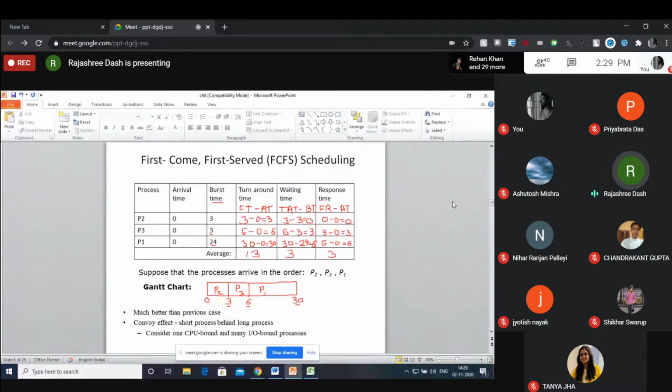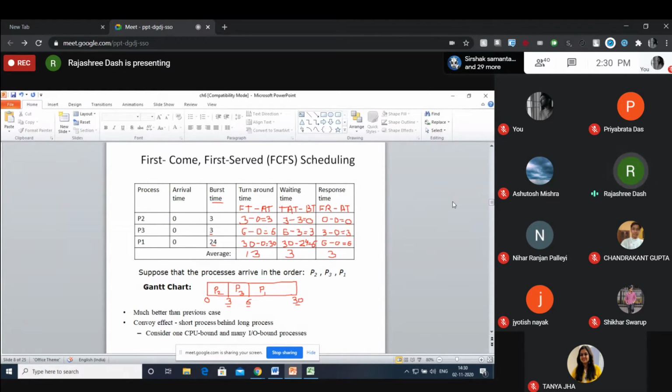So here we find that for the same problem, when we have just changed the order, we get much better values compared to the previous one. Why? Because in this second sequence, the processes with smaller CPU burst time have been executed first.